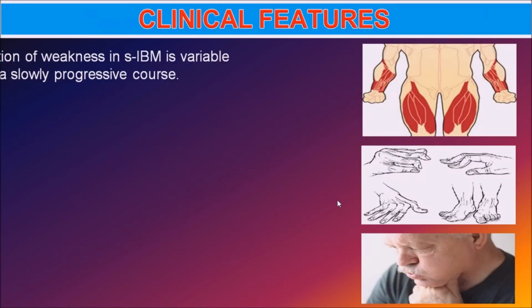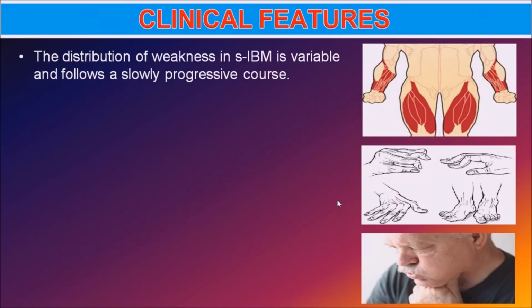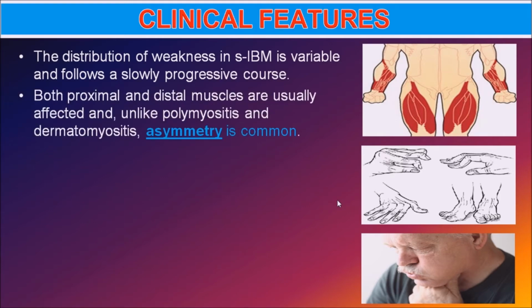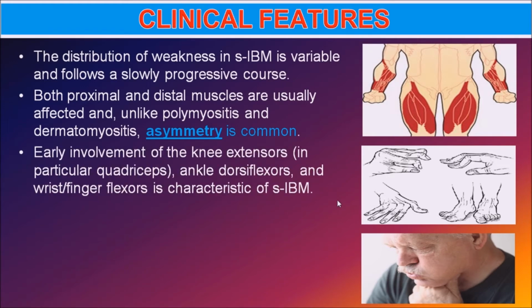Clinical features. The distribution of weakness in SIBM is variable and follows a slowly progressive course. Both proximal and distal muscles are usually affected, and unlike polymyositis and dermatomyositis, asymmetry is common.